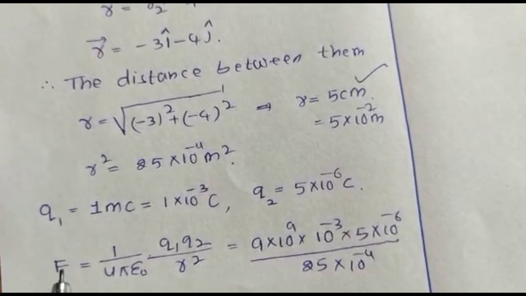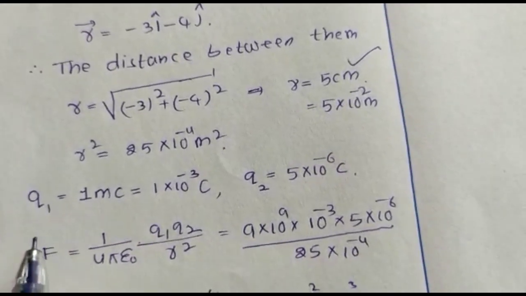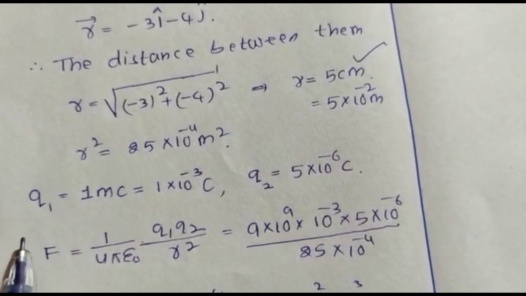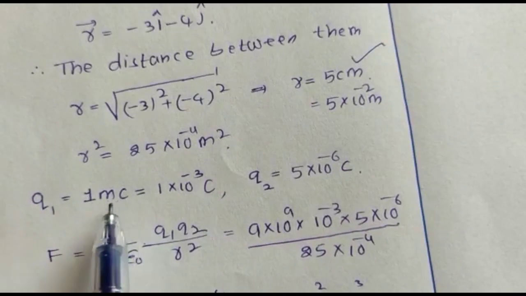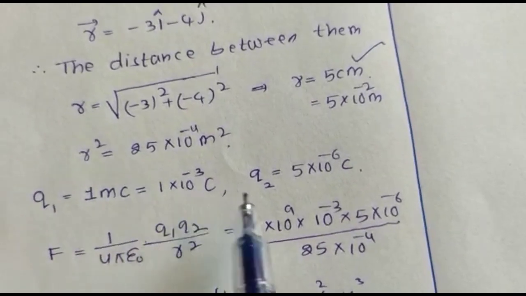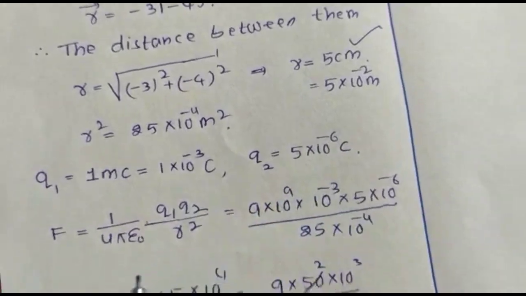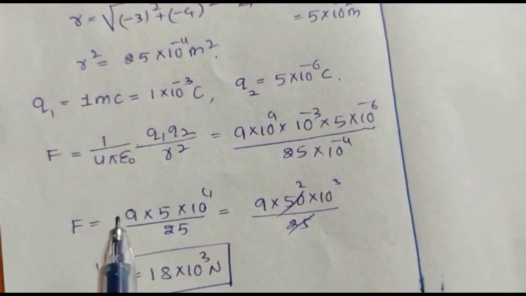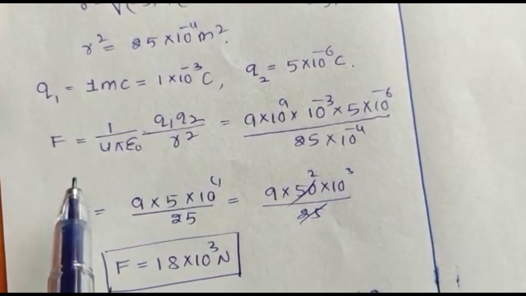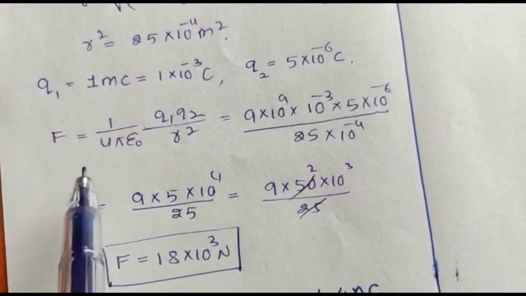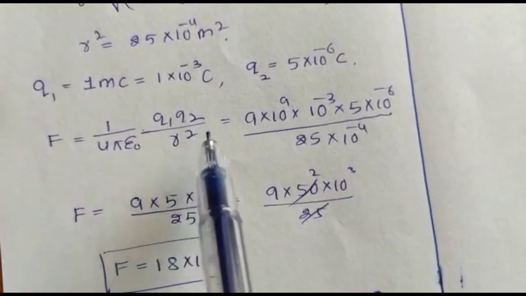Now once again convert the charges into proper units. Q1 is equal to 1 millicoulomb; milli means 10 power minus 3. Q2 is equal to 5 microcoulomb; micro means 10 power minus 6 coulomb. Now they are asking for the force between them, so just substitute the values in the force formula. F is equal to 1 by 4 pi epsilon naught, Q1 Q2 by r square.